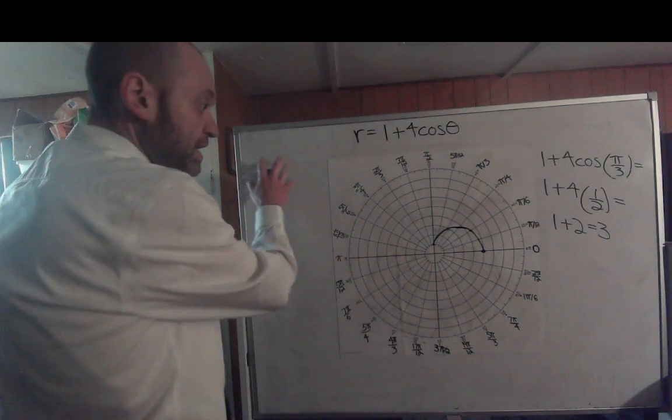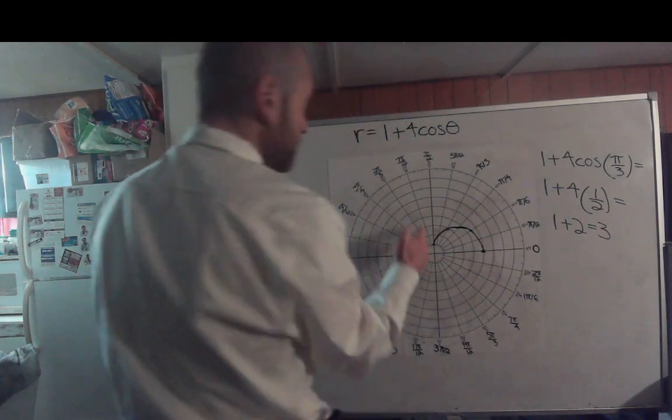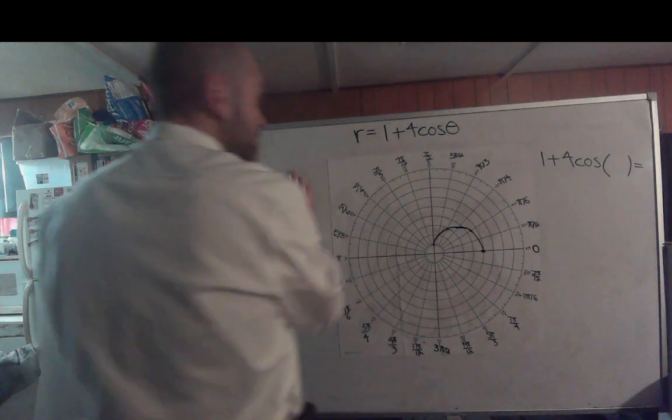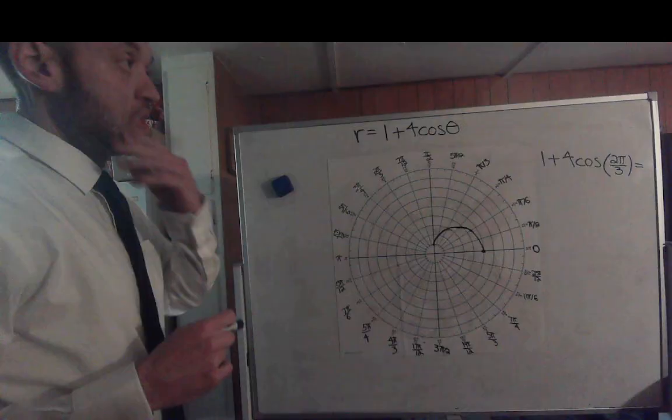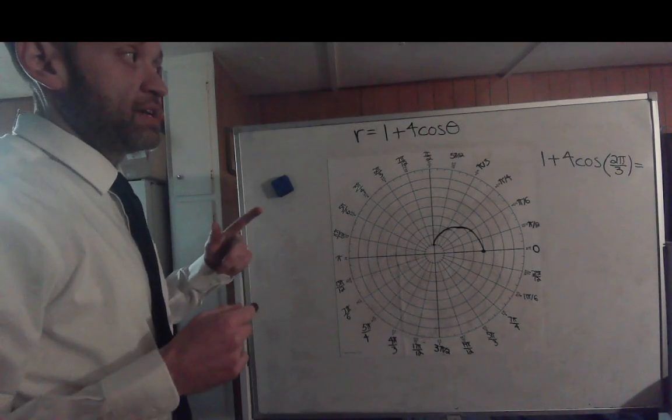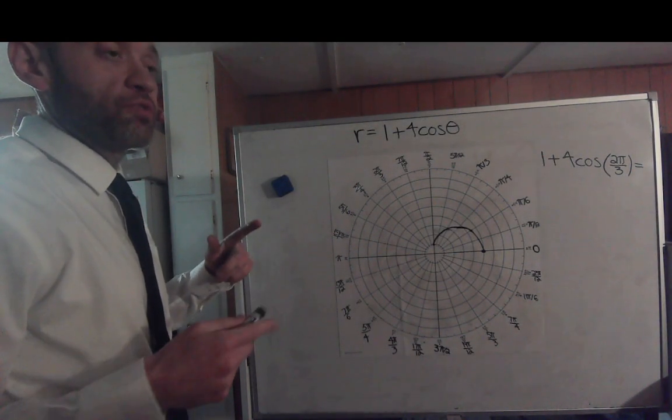All right, so next special angle is 2 pi over 3. Well, this time we've entered the second quadrant. Well, here's the thing. Cosine in the second quadrant is negative. What's the cosine of pi over 3 normally?